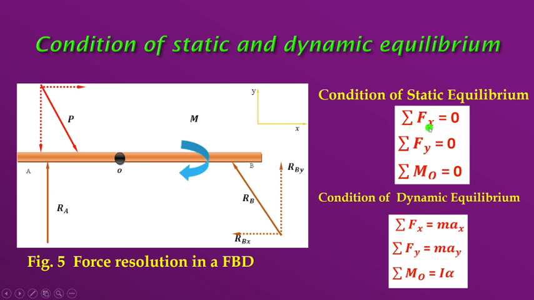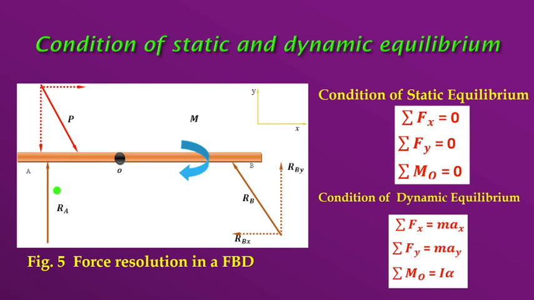So what do you mean by the summation of Fx? You see here, the forces working, P, RA, RB, are working in various directions. Now, resolve the forces, say P in horizontal and vertical component, RB in horizontal and vertical component. RA itself is only in vertical component, so you need not resolve it.